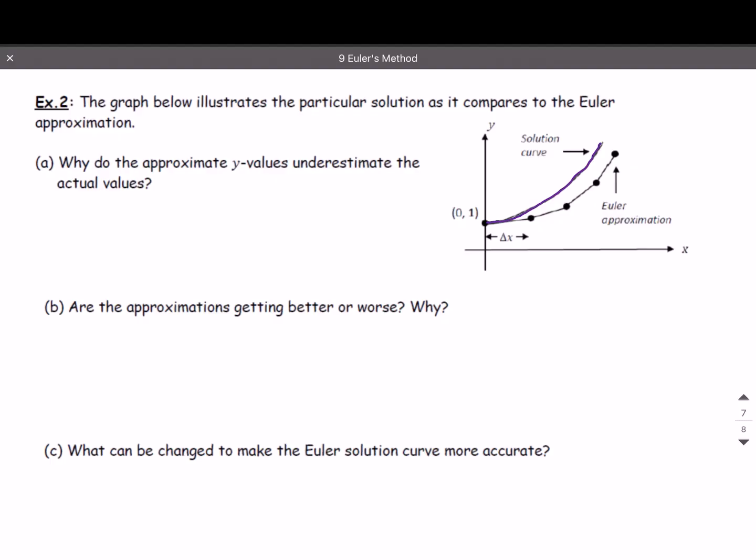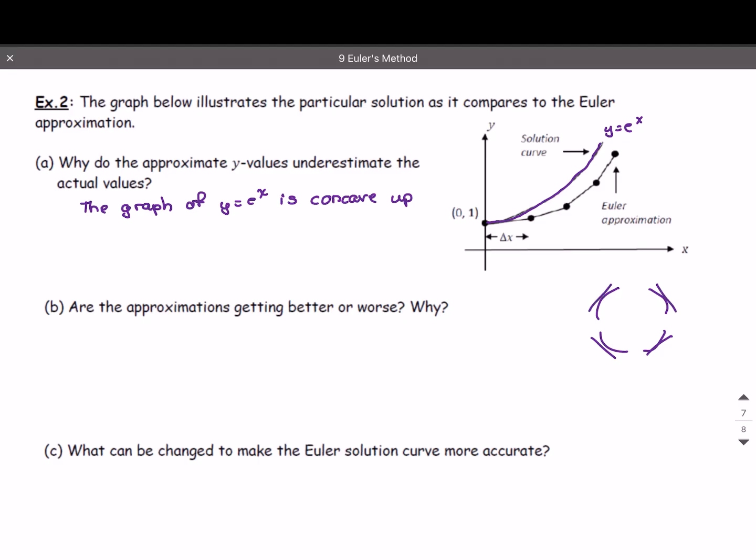If you think, remember this is the curve y equals e to the x, but the graph of y equals e to the x is concave up. Now remember, Euler's method relies on tangent lines, and when we have graphs, tangent lines lie below when a graph is concave up.